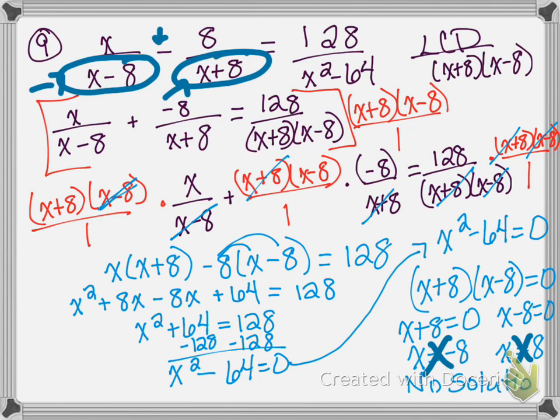That's because both the 8 and the negative 8 make my denominator 0, and we're not allowed to have a denominator of 0. So we have to throw both of them out, and the answer to this is no solution. Okay, last one.